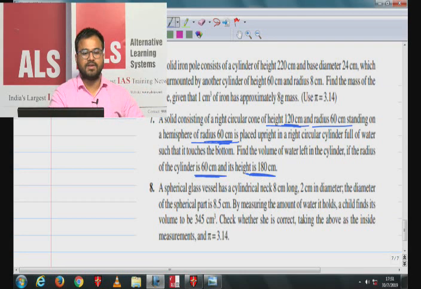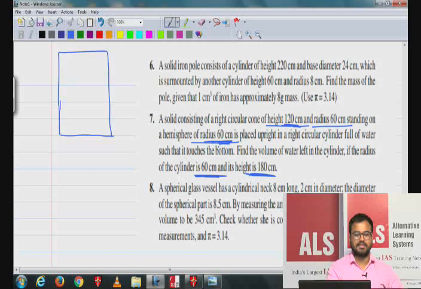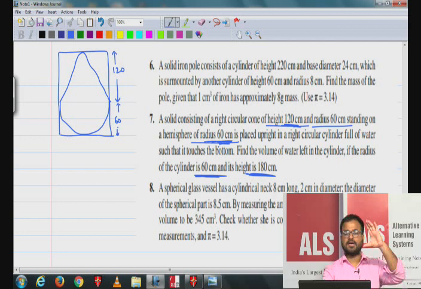So the diagram will be like this. This is the cylinder. In that cylinder, this is the cone, hemisphere, and this is the cone. Because the height of the cone is 120 and this is 60, and the complete 180 is the height of the cylinder.